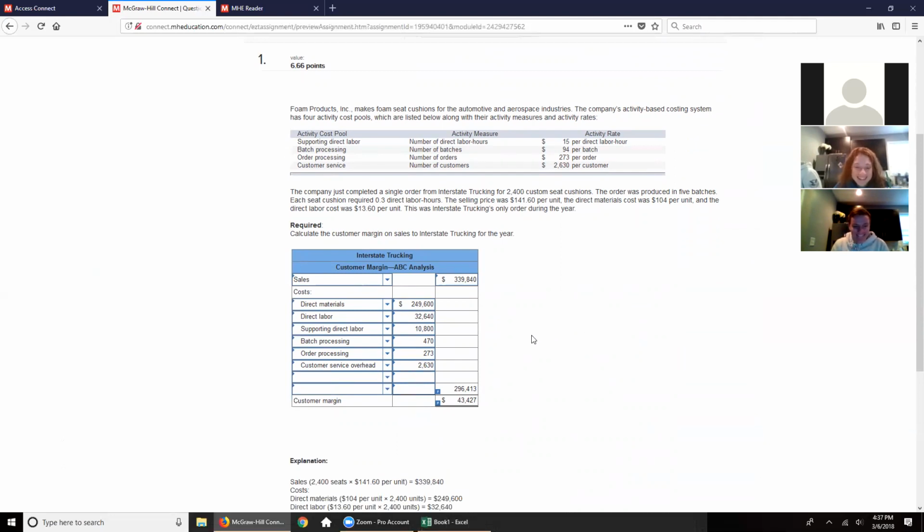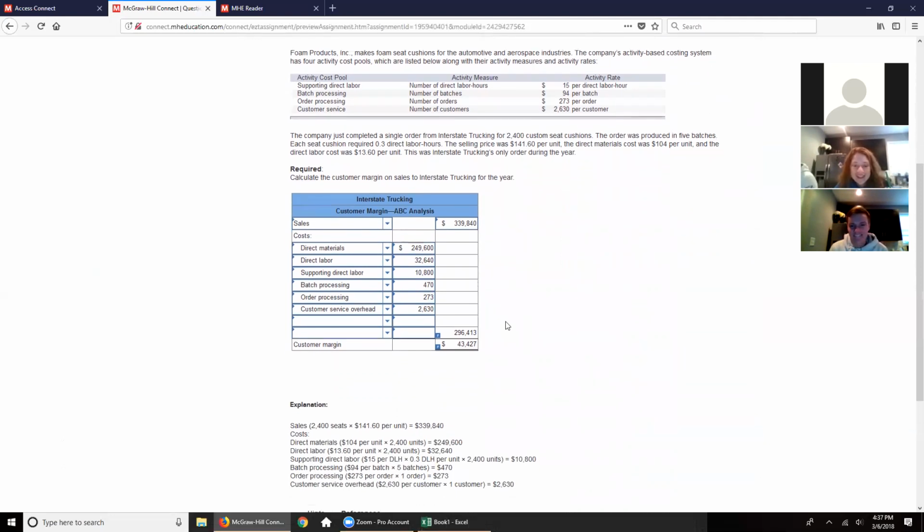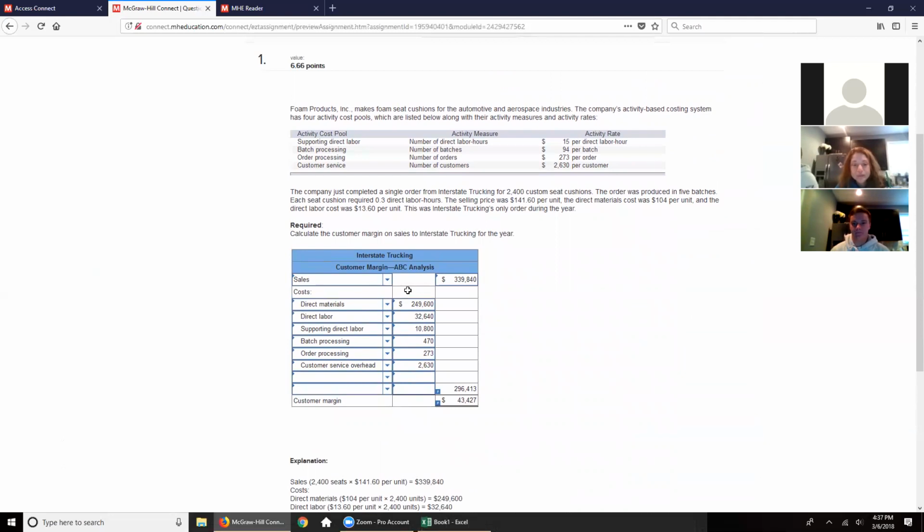So in 1, we had a similar idea, except we were using a customer margin rather than a product margin. But at the core, it's the same idea. We're trying to determine the potential profitability of the customer rather than the product. So we had to account for sales attributable to that customer, direct costs, direct materials, direct labor, and then all those other indirect costs.